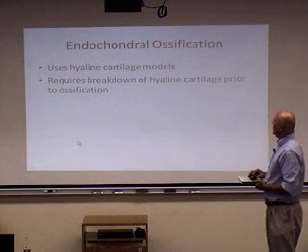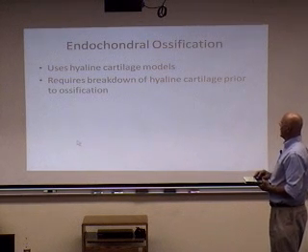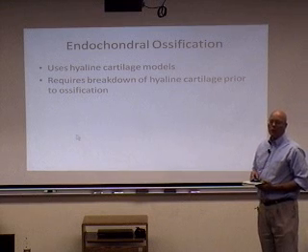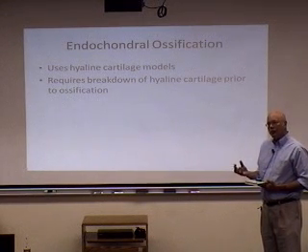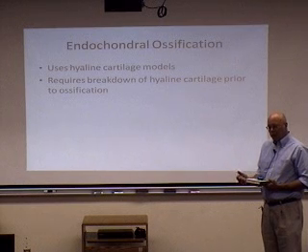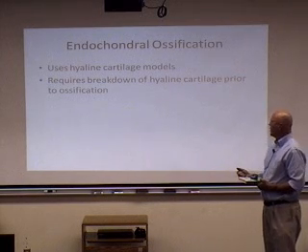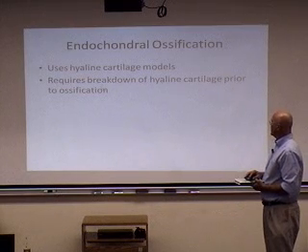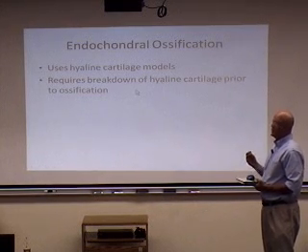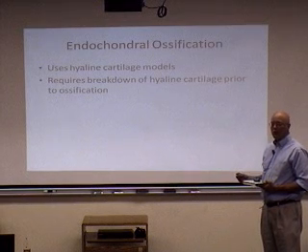Now let's continue on. Here is endochondral ossification. Again, it's going to be the same process. Intramembranous ossification, we're kind of working it from inside out. Here in endochondral ossification, we're working more from the outside of the bone in, but it still revolves around this key concept that first the cartilage is laid down.